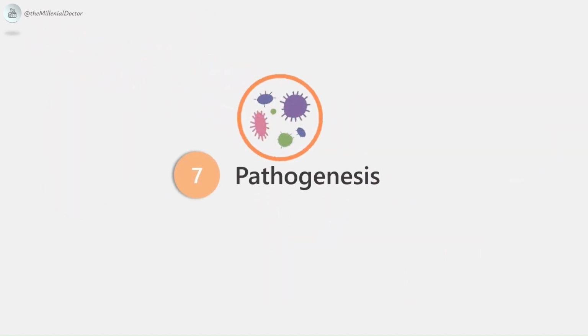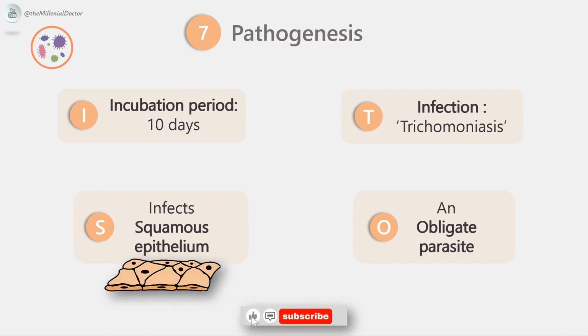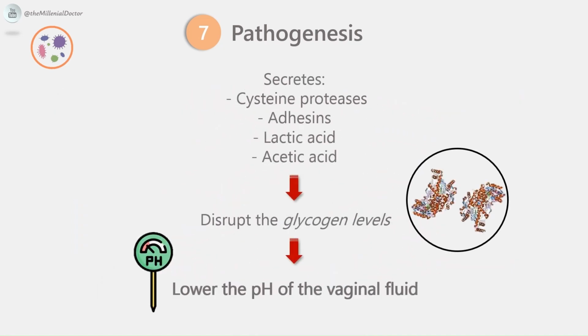Then the pathogenesis. The incubation period is roughly 10 days. Trichomonas vaginalis particularly infects squamous epithelium and not the columnar epithelium. It is an obligate parasite and cannot live without close association with the vaginal, urethral, or prostatic tissues. It secretes cystine proteases, adhesins, lactic acid, and acetic acid, which disrupt the glycogen levels and lower the pH of the vaginal fluid.